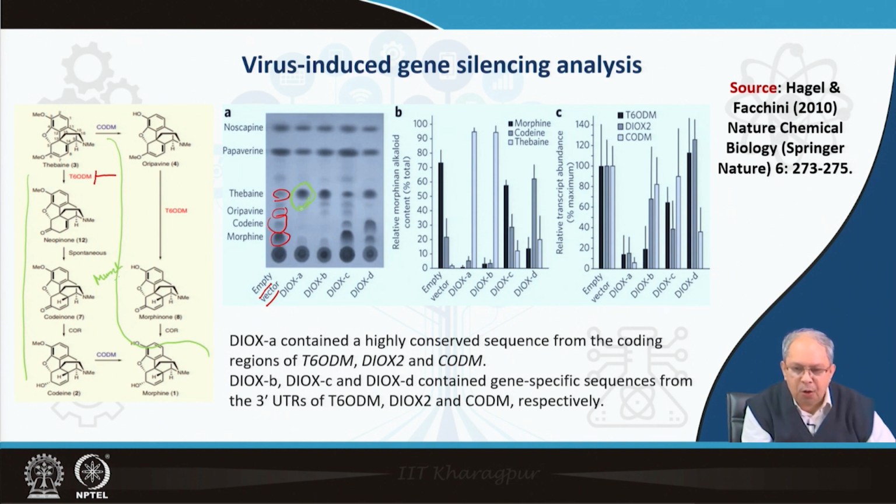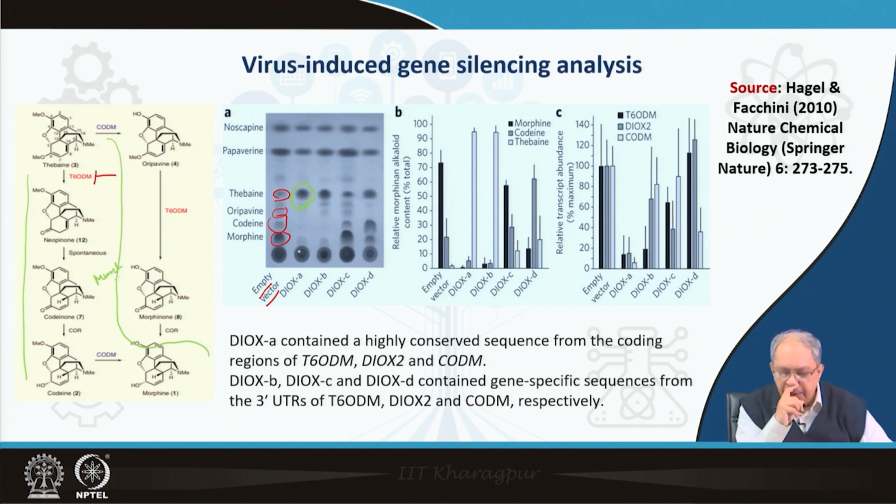Here, the step next to thebaine, which converts thebaine to codeinone, is blocked, so all the subsequent steps got affected. That is why you see no product formation, or very, very limited product formation here. So, it is almost nil.